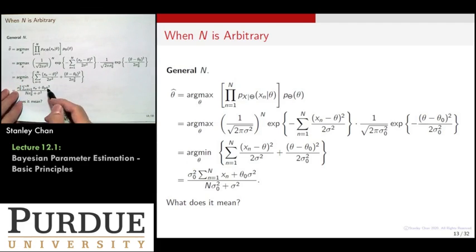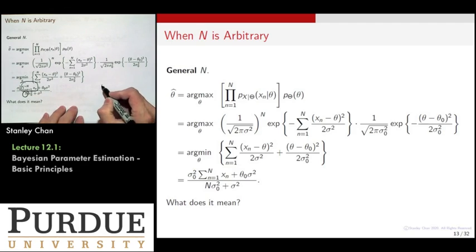You look at here. You have a summation of all these data points, and then in the bottom you have this n here. You can ask yourself, what will happen if my n grows, meaning that I have a lot of measurements? You look at this term. You have sigma squared times the summation of xn, which is this term here, and then you have theta 0 times sigma squared divided by n times sigma 0 squared plus sigma squared.